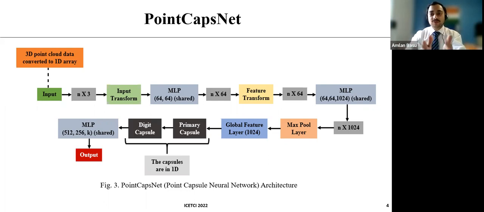We did this because we wanted to study how the capsules behave on an already existing architecture that can be trained directly on the raw 3D data set, that is, on point cloud data, and what kind of accuracy we get, and then decide how to approach this. However, it did produce good accuracy, but not as per the expectations.